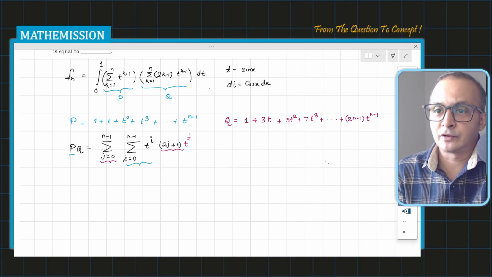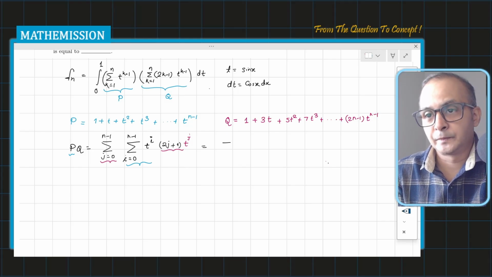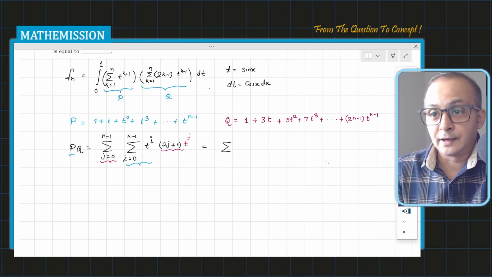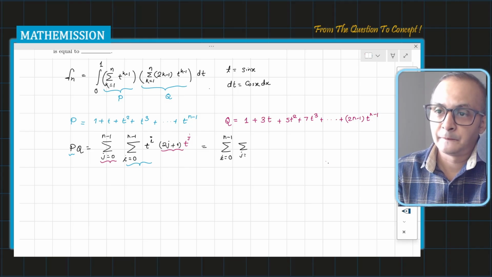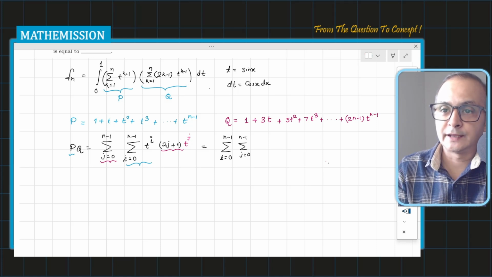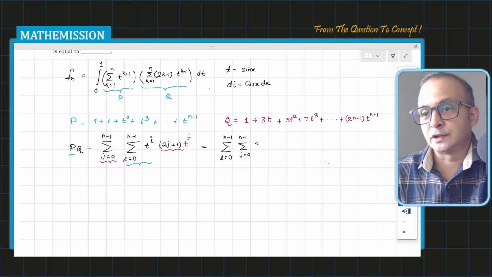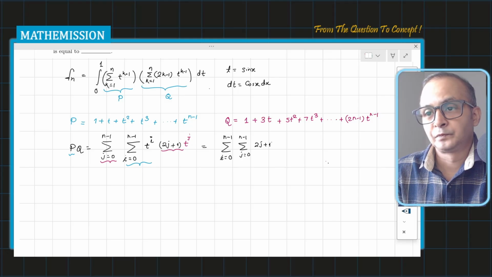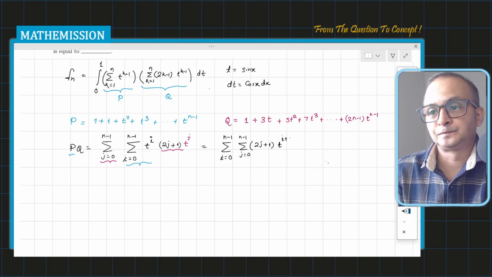So now I can write it in a more clear way. That is, I'm writing first i from 0 to n minus 1, and again I'm writing j here starting from 0 to n minus 1, and you can notice that I can add the powers of t there. So that will become 2j plus 1, and that is t to the power i plus j.